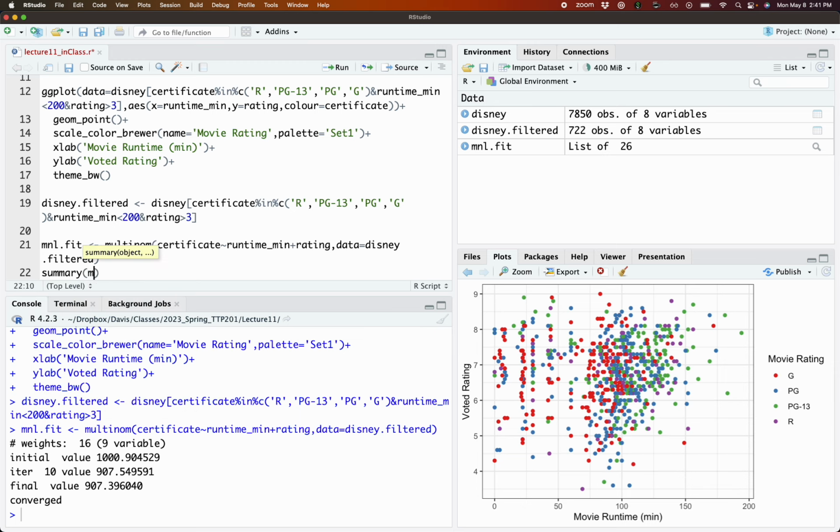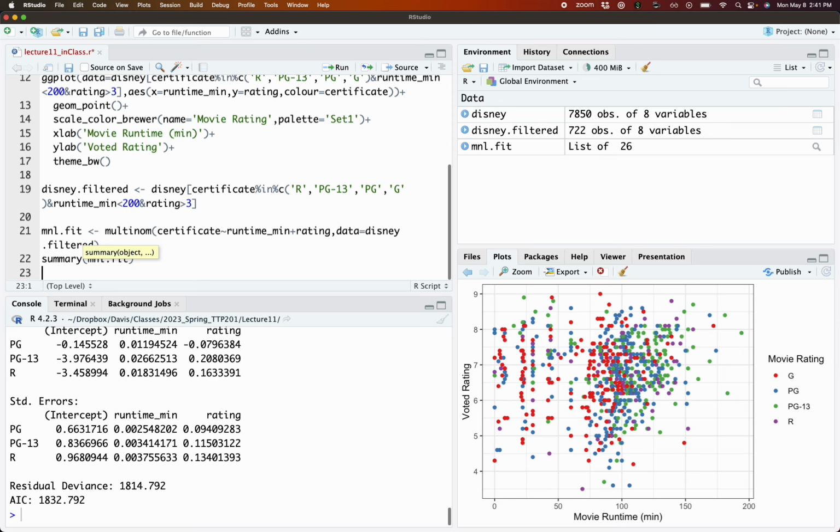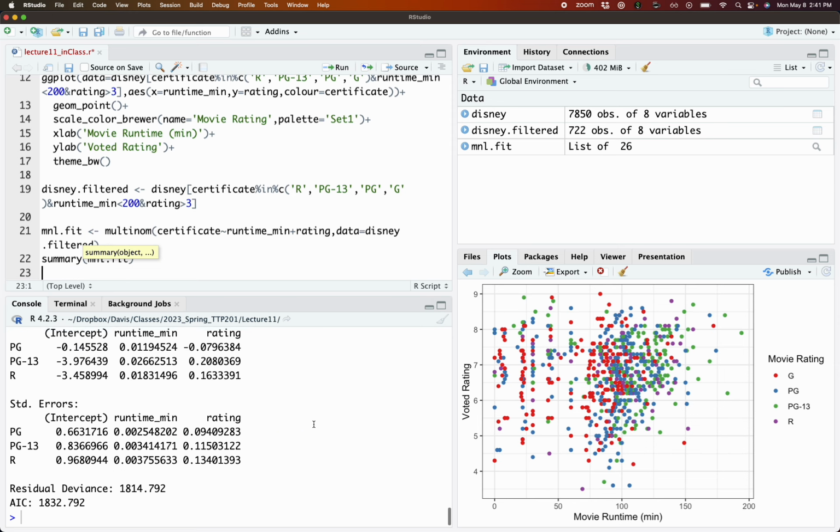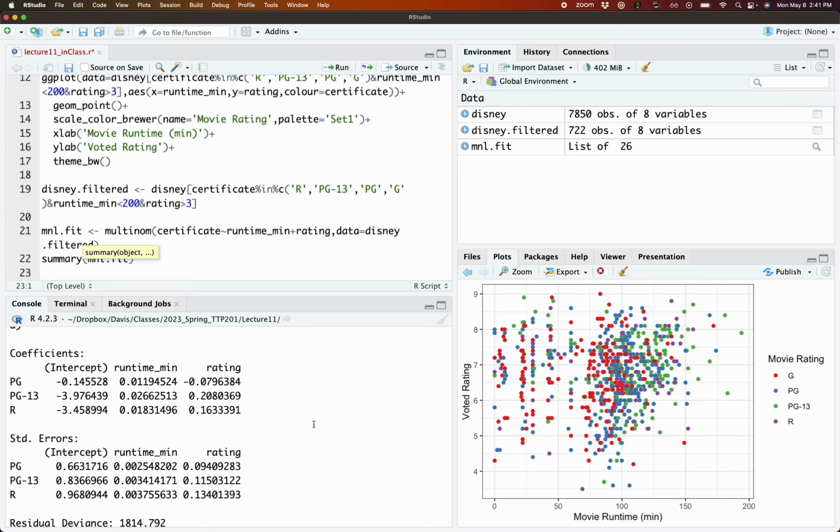Summary, MNL fit. And what you see here are coefficients specific to each of your outcomes and the standard errors associated with those coefficients, right?